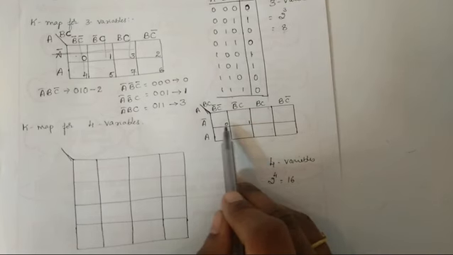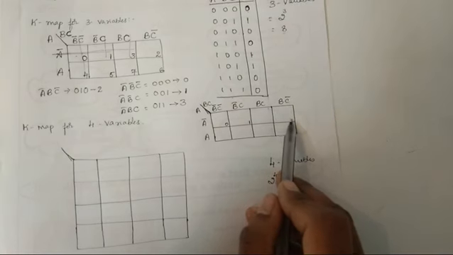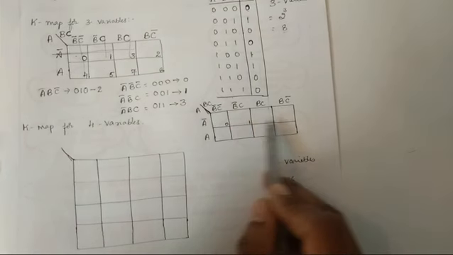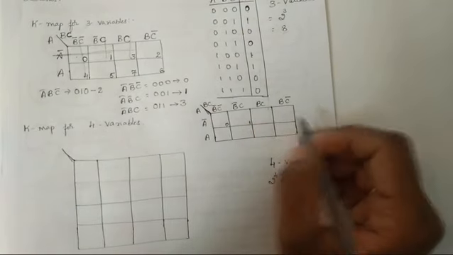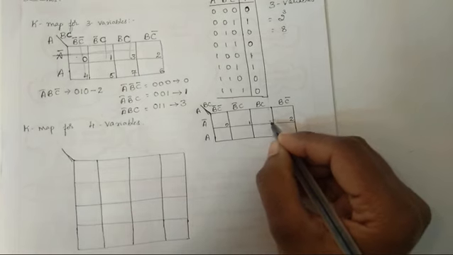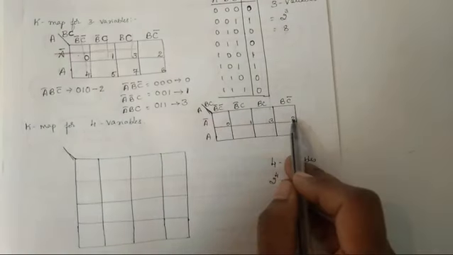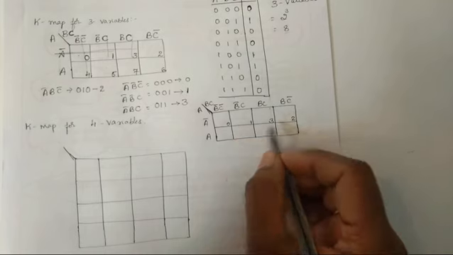After completing the 2 cells, next go to the last cell in the same row. The last cell is this. Continue numbering from here. After 1, it is 2. Next, it is 3. Fine. We completed this row. Come to the next row.